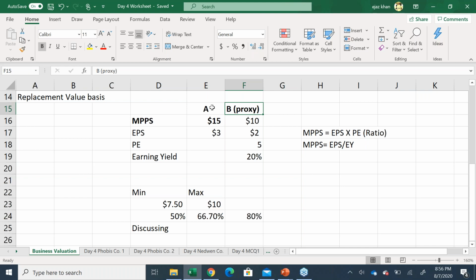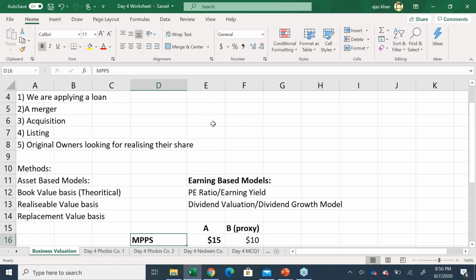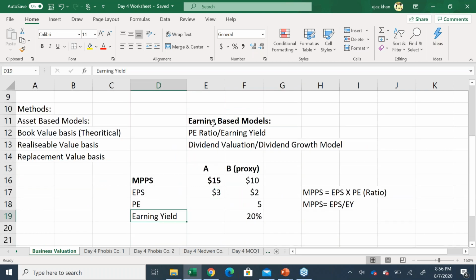So when we are valuing an unlisted company with the help of a listed company's PE ratio, we calculate the price and then reduce it by 10%, 20%, or 30% because of that risk factor involved in valuing the unlisted company. So that is the PE ratio method or earning yield method. They both are the same. I have written the formula for both. They both give the same answers.